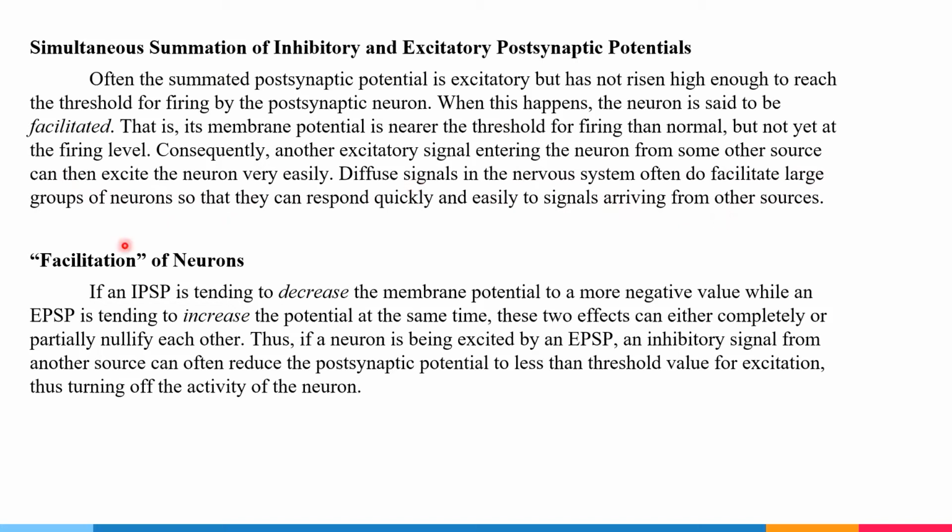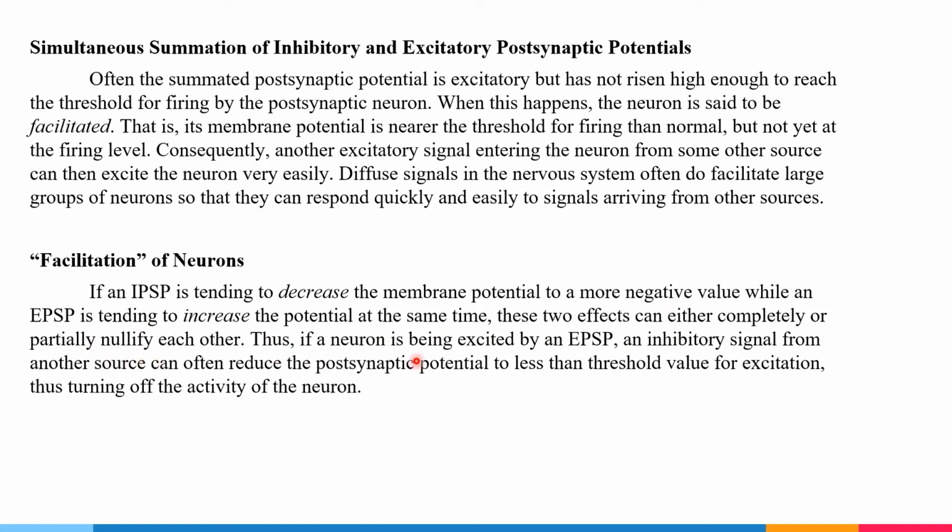Let us now look into what exactly is facilitation of neurons. If an IPSP is tending to decrease the membrane potential to a more negative value, while an EPSP is tending to increase the potential at the same time, these two effects can either completely or partially nullify each other.